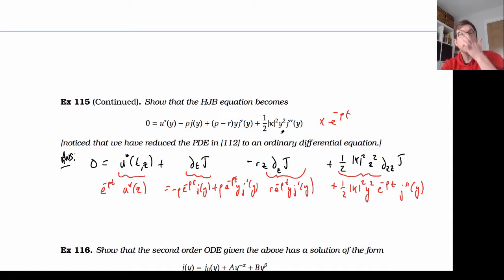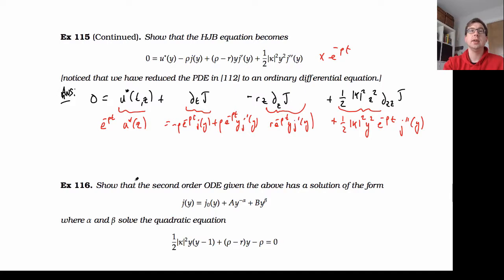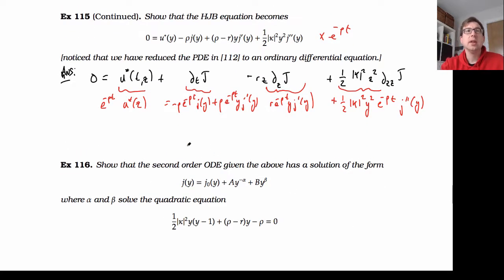This is quite a nice second order ordinary differential equation, and from standard ODE theory, which I'm not going to go into, it has a solution of this form. We need a particular solution for this term, and then the homogeneous solution part is going to be a power function in y.